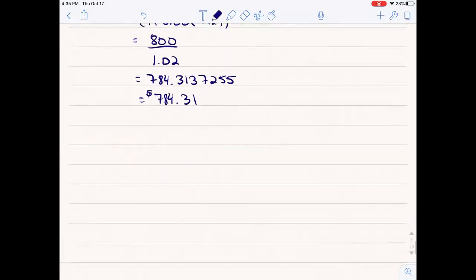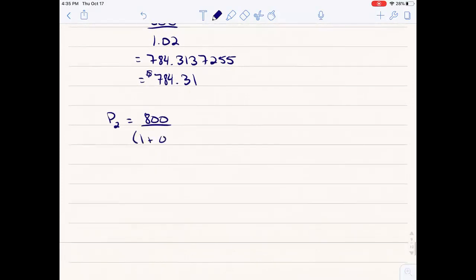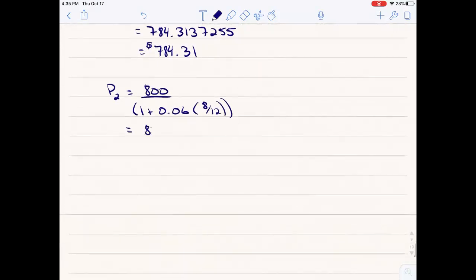And simple interest. P2, same idea. We get 800 divided by 1 plus 0.06 times 8 over 12, which is 800 divided by, 8 over 12 times 0.06 plus 1, so 800 divided by 1.04.